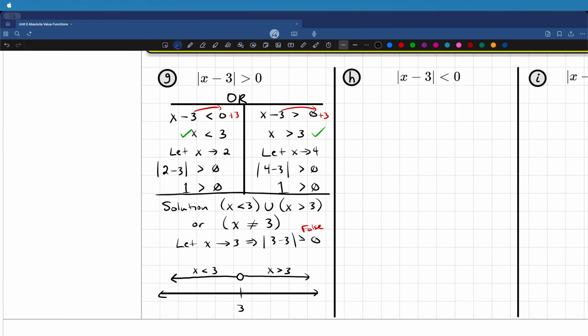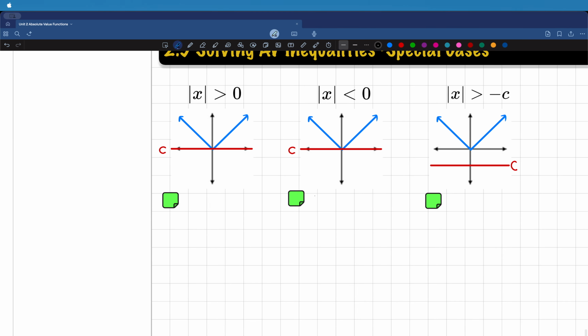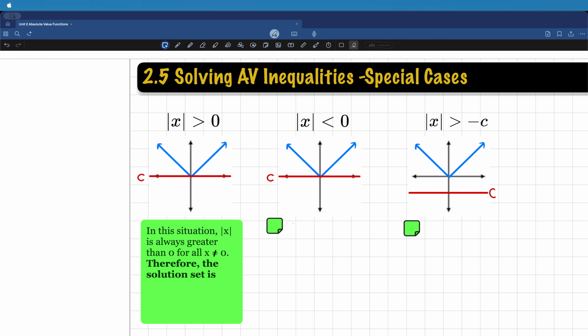So with that, this helps us write a definition for our special case when the absolute value of a number is greater than 0. The absolute value of x is always going to be greater than 0 for all x values that are not equal to 0.